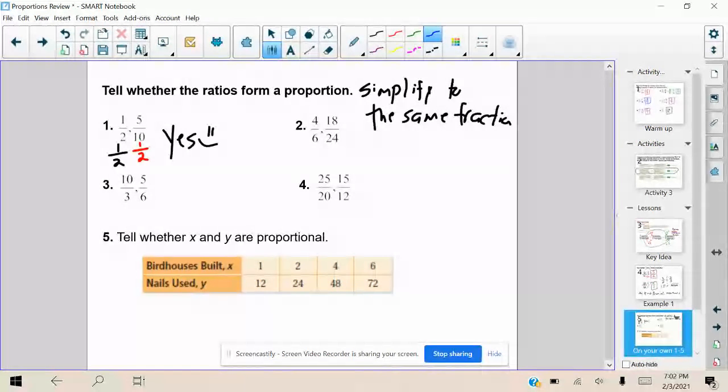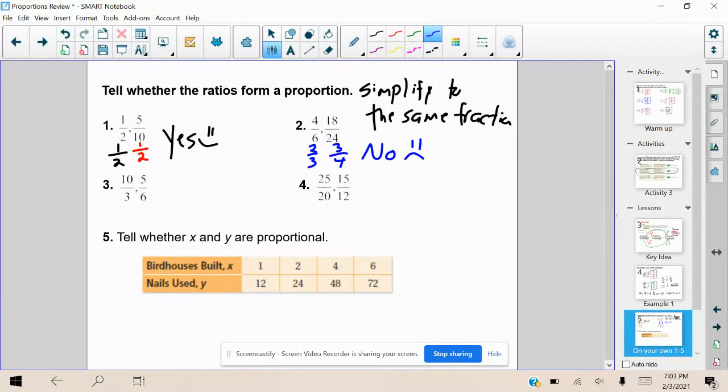I can reduce 4 over 6 by 2, and I get 2 over 3. I can reduce 18 over 24 by 6. I get 3 over 4. Is 2 over 3 the same as 3 over 4? No. So the second relationship is not proportional.